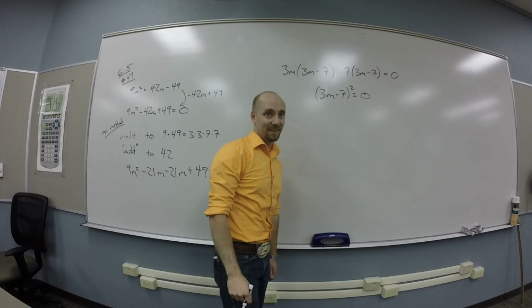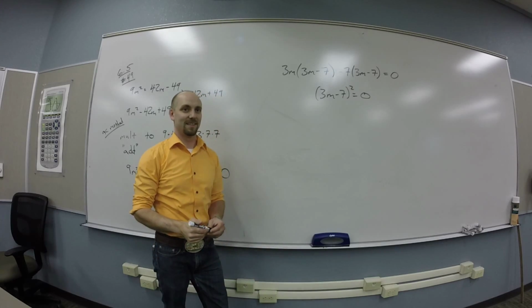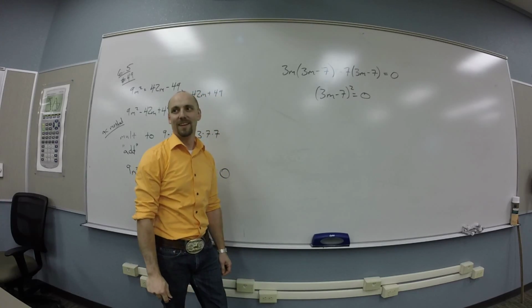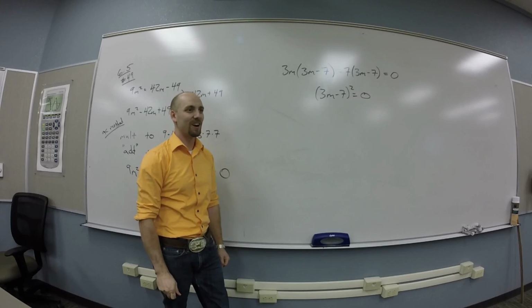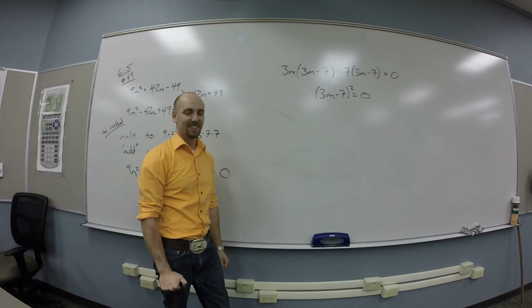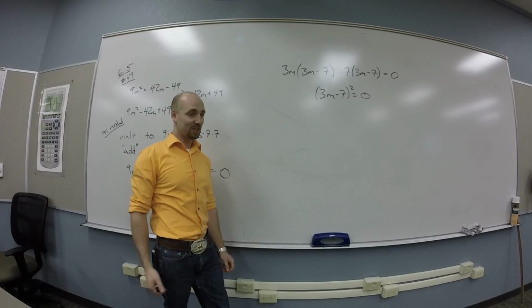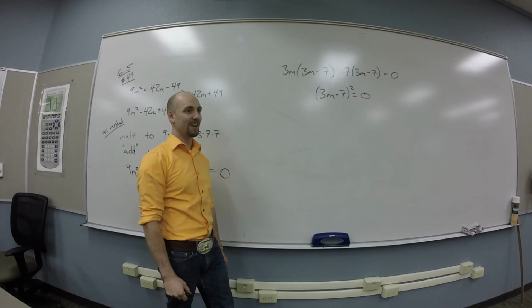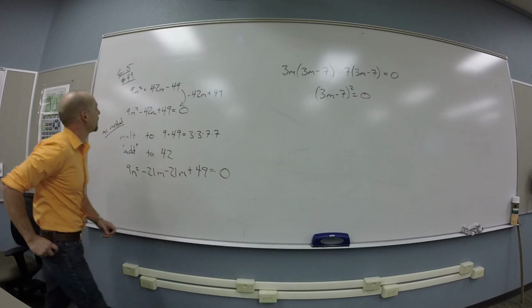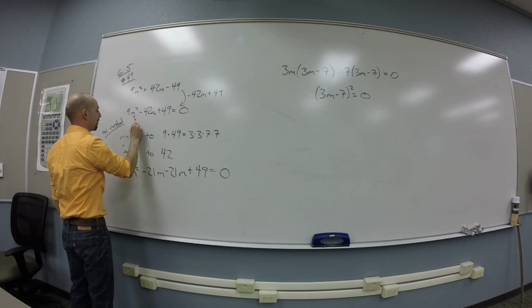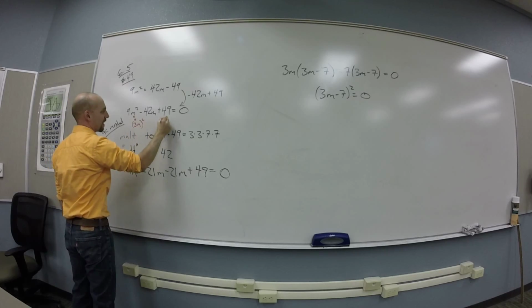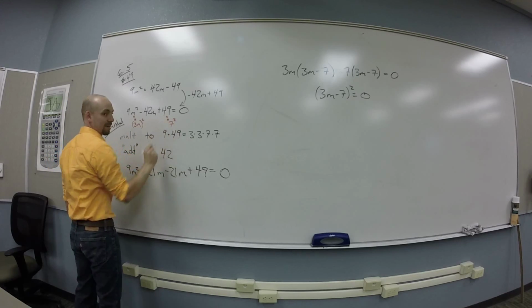What does that mean? That means, damn it, I missed a perfect square trinomial. You guys see that? This is a price you pay for screwing up the perfect square trinomial, right? I could go back and notice, oh, duh. This is 3m squared, and this guy is 7 squared.